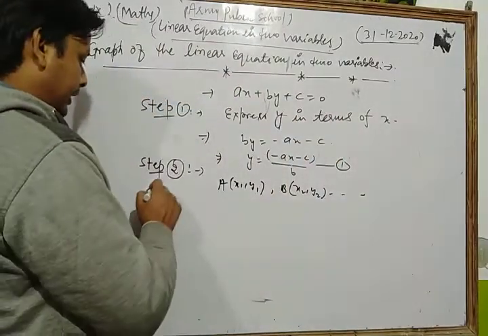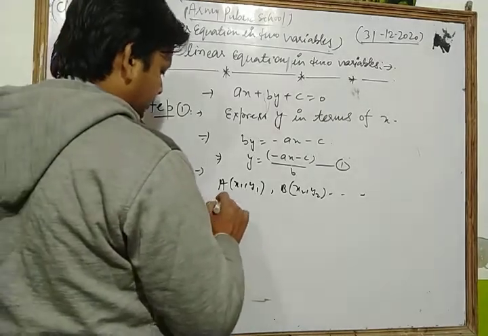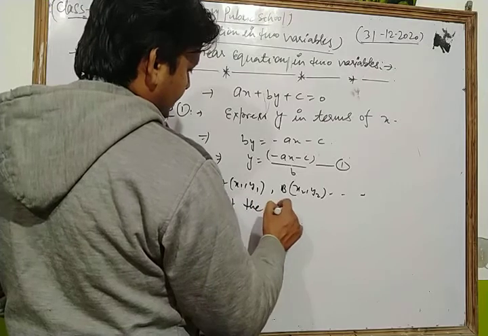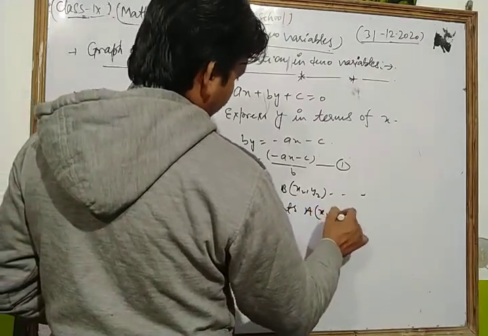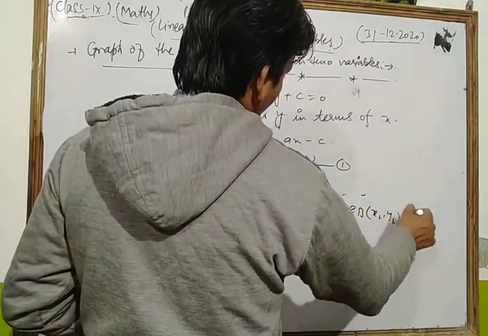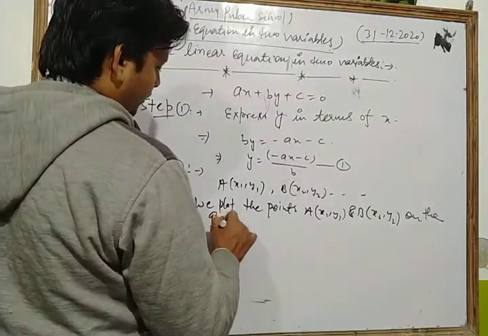Now in step 3, we plot the points A, that is x1, y1, and B, x2, y2, on the graph.